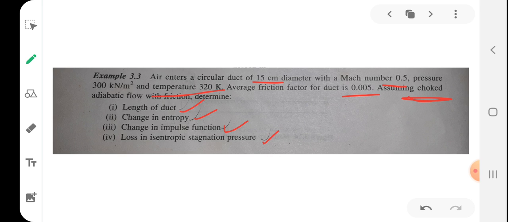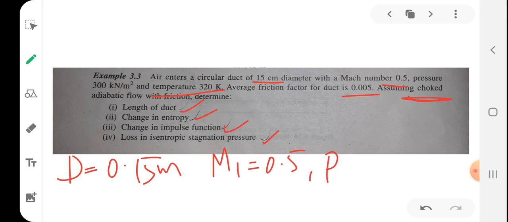So students, given diameter equal to 15 centimeter, so it will be 0.15 meter. Mach number M1 is given as 0.5. P1 static pressure is 300 kilonewton per meter square, that is 3 into 10 raised to 5 Newton per meter square, and temperature is 320 Kelvin.